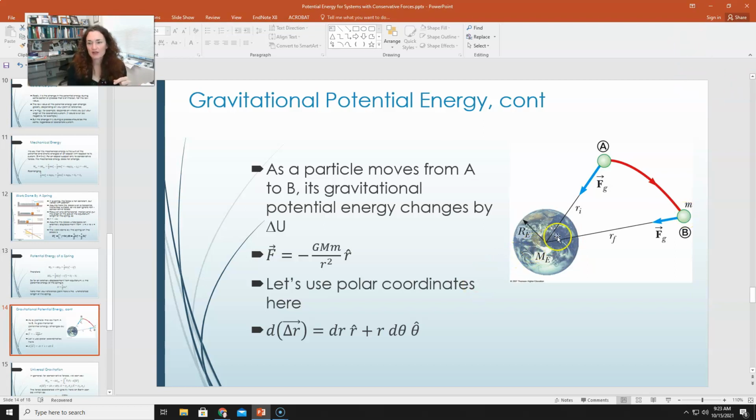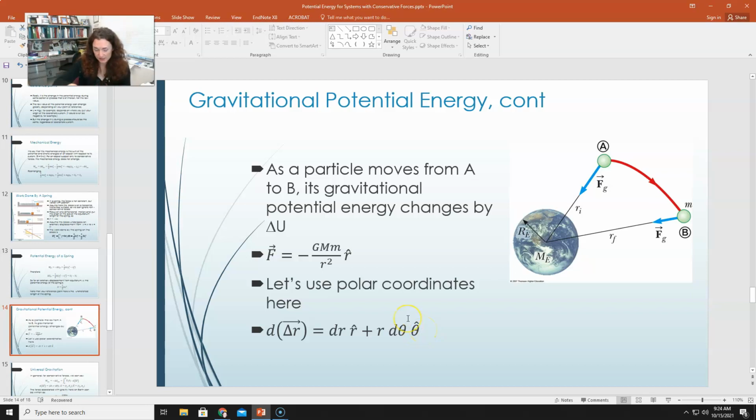So then if you were to move along some arbitrary path in that plane, then the change in your displacement, so that would be d delta r, which is your displacement vector from the initial to the final point, would be changing the radius by some amount, so that would be dr r hat, plus, now you can also change the angle, so the component which describes that in polar coordinates is r d theta theta hat, okay?